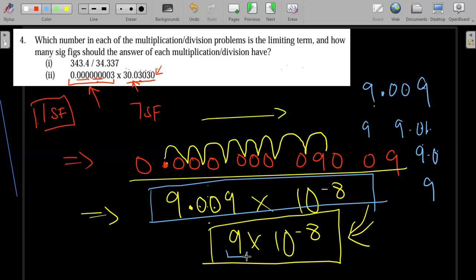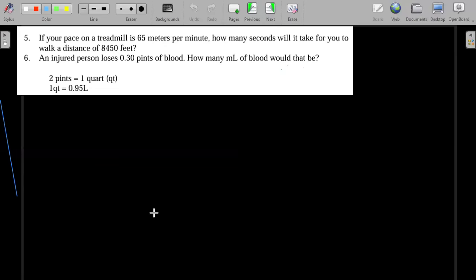So now let's move to question 5. Question 5 has some conversions, so you have to know some conversion factors. Some of them I can see have been given there. But if they have not been given, then you just have to search for them if it's a question from a tutorial sheet.